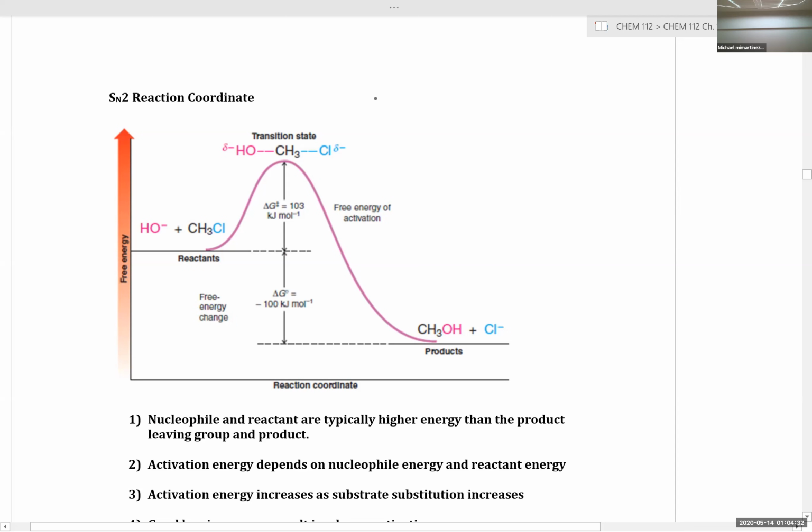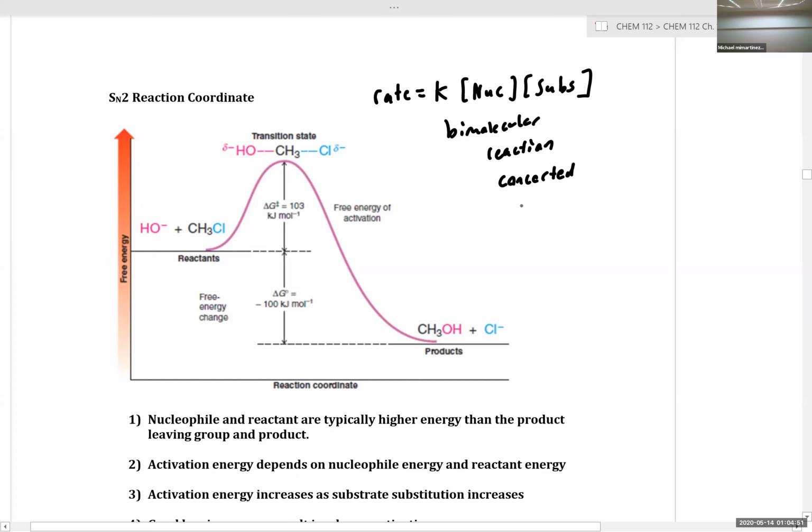Again, the rate of reaction depends on the concentration of the nucleophile and the substrate. So this is a bimolecular reaction that occurs in a concerted single step, as we can see in the energy diagram, only having one transition state.